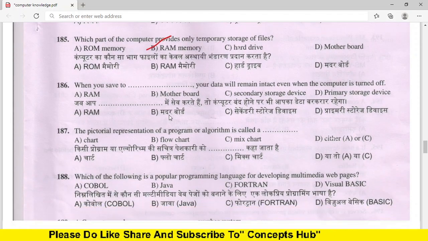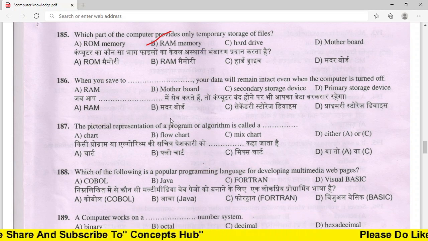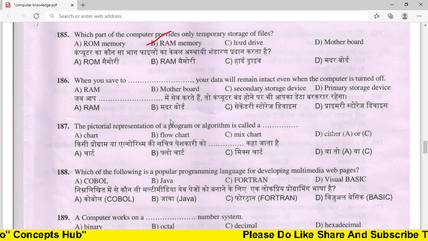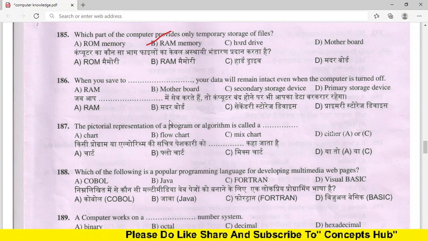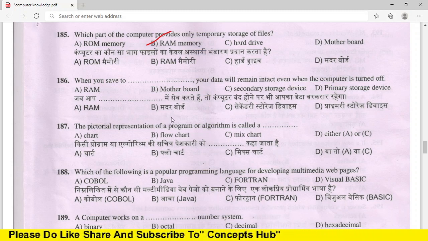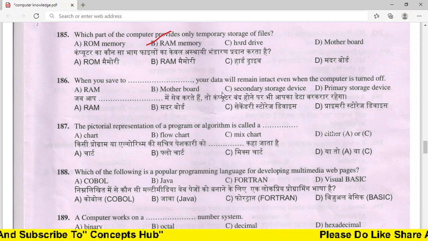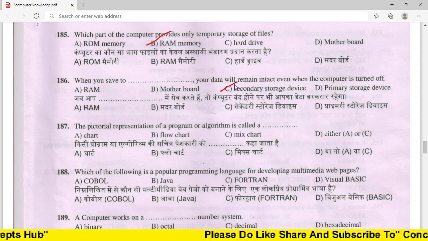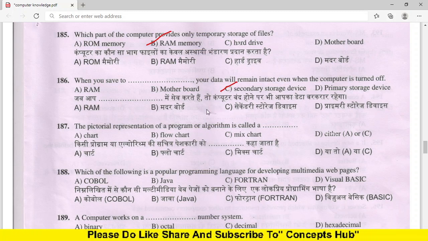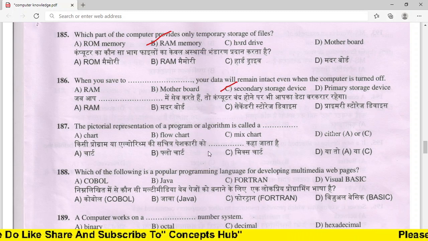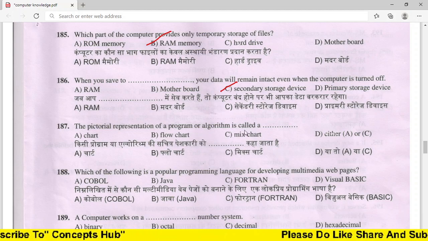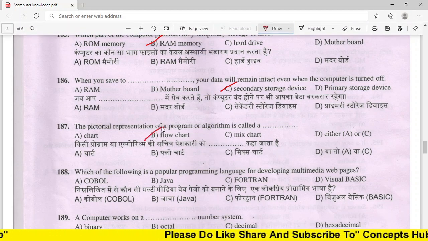Next, when you save to dash, your data will remain intact even when the computer is turned off. The answer is secondary storage device. The pictorial representation of a program or algorithm is called a flowchart.